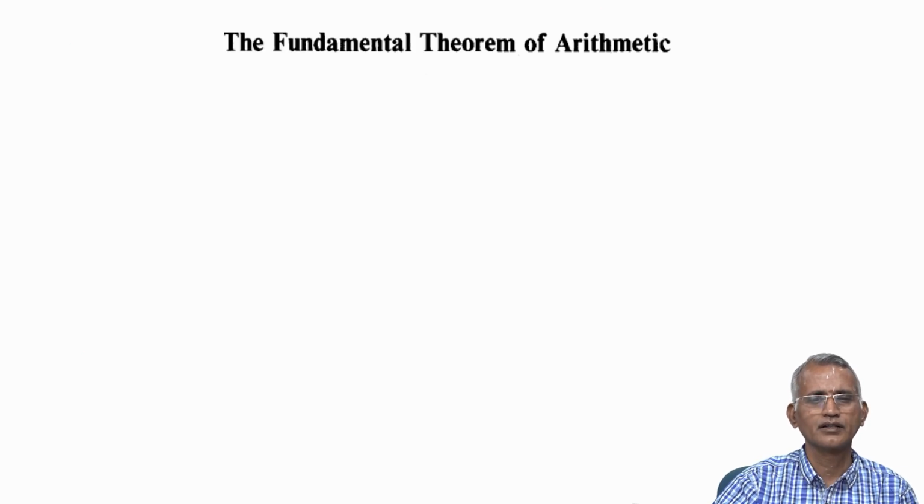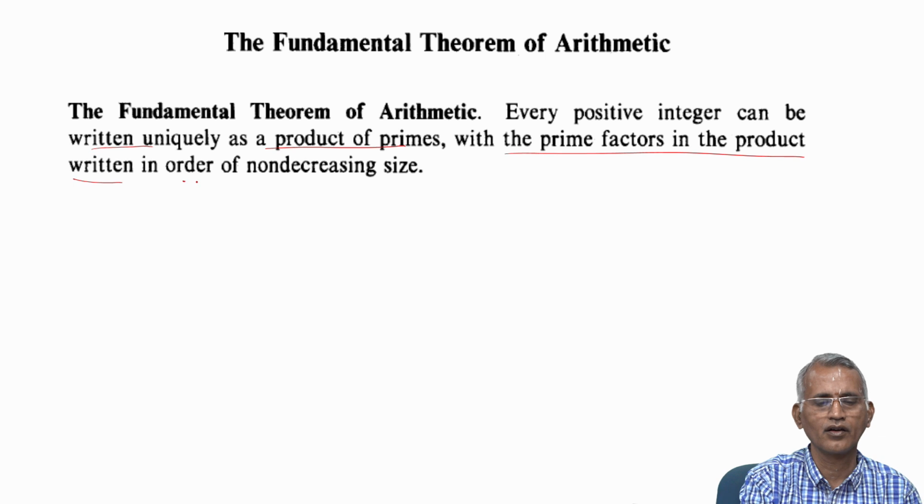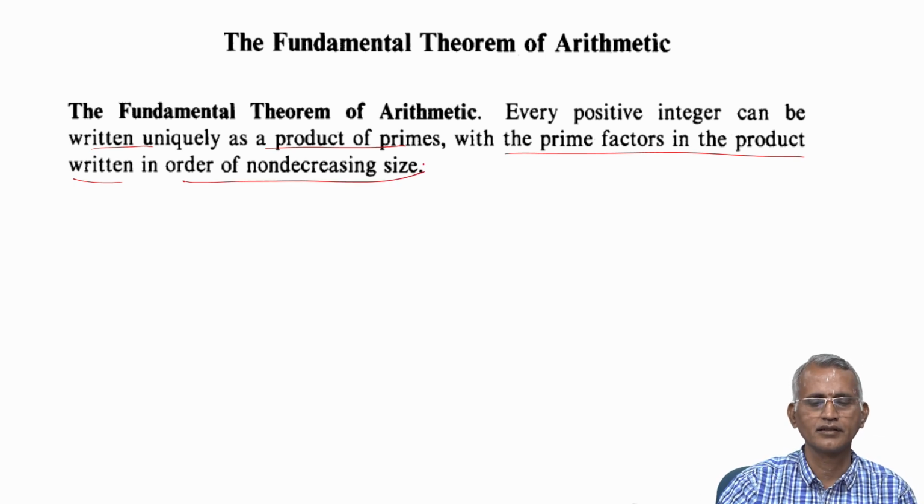Now, we are going to discuss the fundamental theorem of arithmetic. The fundamental theorem of arithmetic states that every positive integer can be written uniquely as a product of primes, with the prime factors in the product written in order of non-decreasing size.